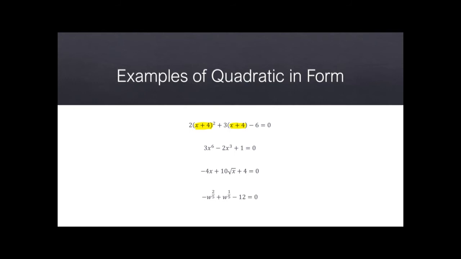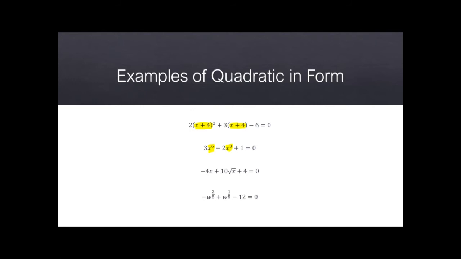These other ones are more difficult to see visually. For things like the second one here, you want to say, okay, the exponent on the first term is double the exponent on the middle term. If it is, then it's quadratic in form.